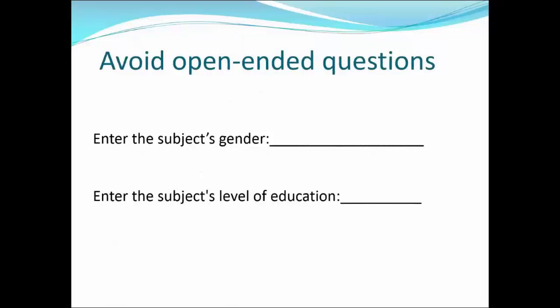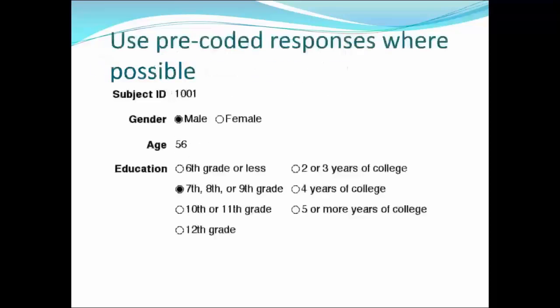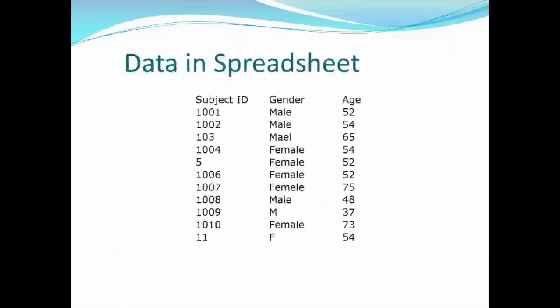And these would be your example of open-ended questions, and it's much better to do something like fill in the box, and then you get a very specific response. So by using a database with pre-coded responses, well, this is something you can get in a data sheet, and you can see that with open-ended questions, people ask things a little bit differently, or they spell things wrong, and you suddenly can't categorize that.